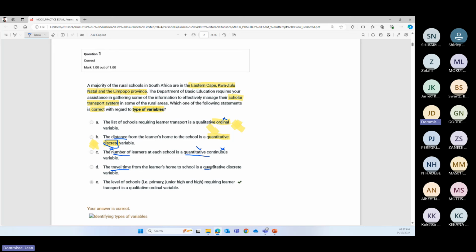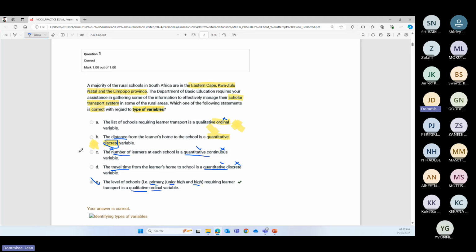So it will be quantitative, yes, but again, continuous. Then the level of schools, primary, junior, high. So there is rank in that, so it should be ordinal. And because it's ordinal, it should be qualitative and not quantitative. So E will be the correct one.